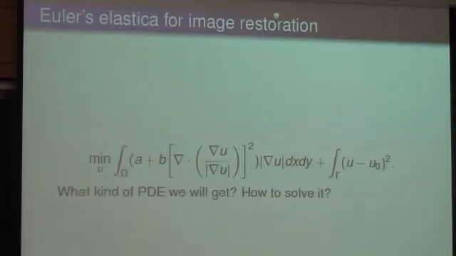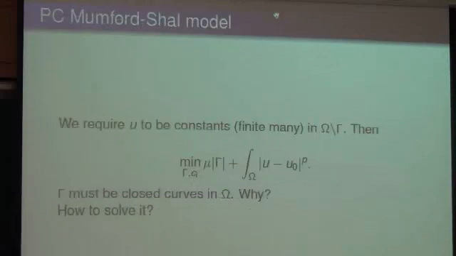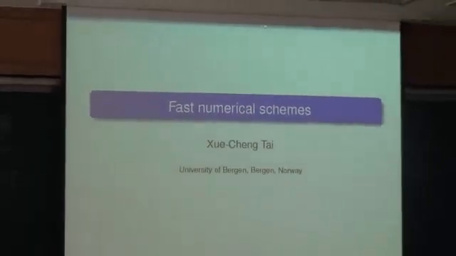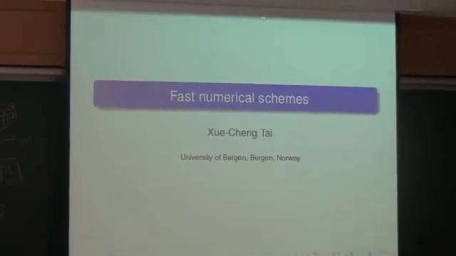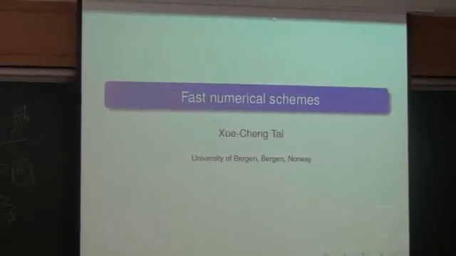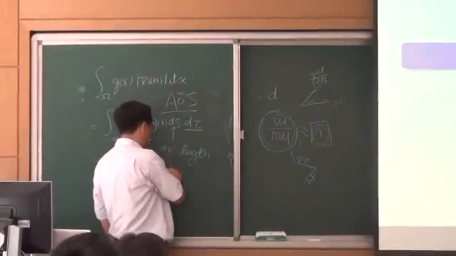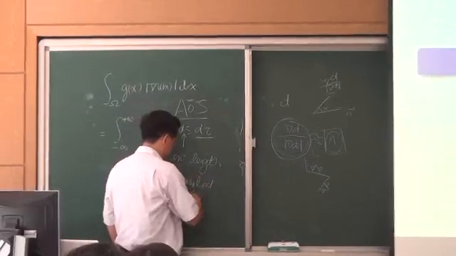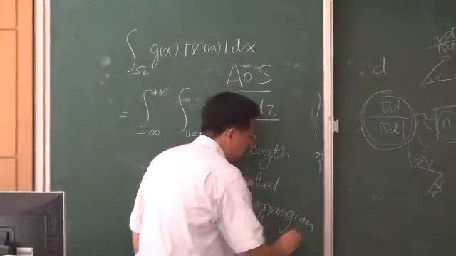The original plan was for the Mumford-Shah, which I will talk about quite a lot in the second part. For the first part on numerical schemes, I was thinking to talk about two methods. One is AOS, the additive operator splitting scheme, and then the augmented Lagrangian.